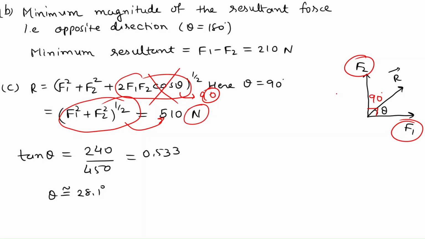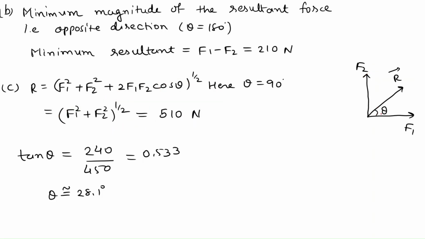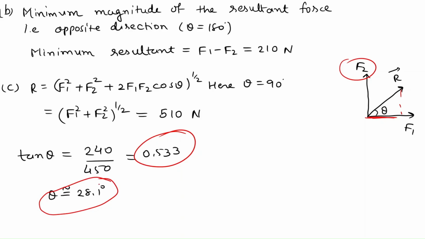For this, you also have to get the direction. So take tan theta equals opposite over adjacent, F2 upon F1, and theta is equal to tan inverse of this term, and you get the answer about 28.1 degrees.